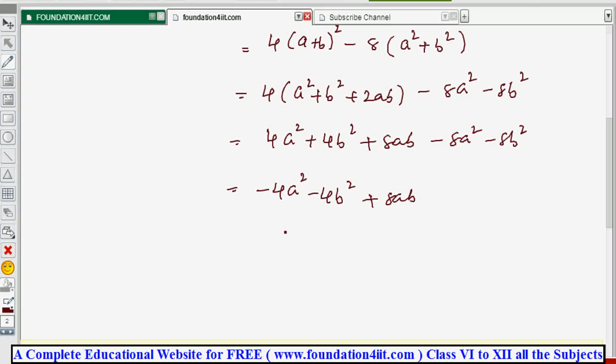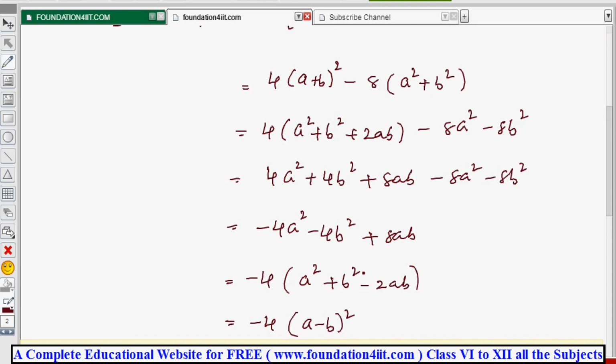From this take minus 4 common. If you take minus 4 common, a formula can come inside: a² + b². Minus 4 is common, and from plus 8ab, if you take minus 4 common, then minus 2ab. If you note, a² + b² − 2ab is the formula for (a − b) whole square.